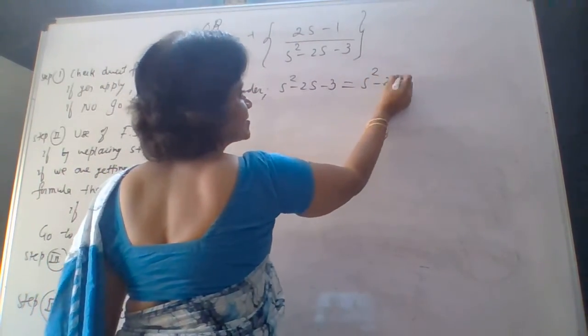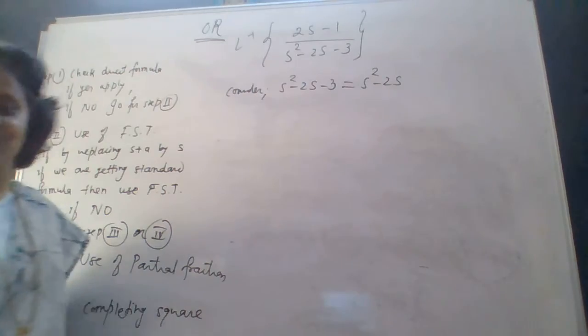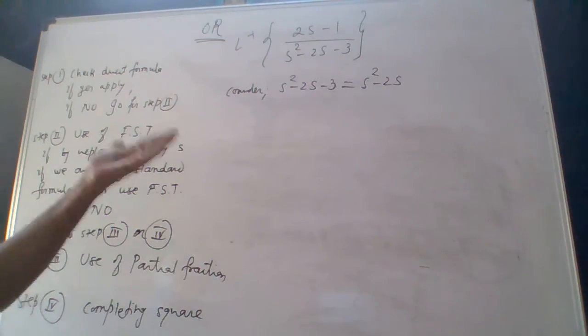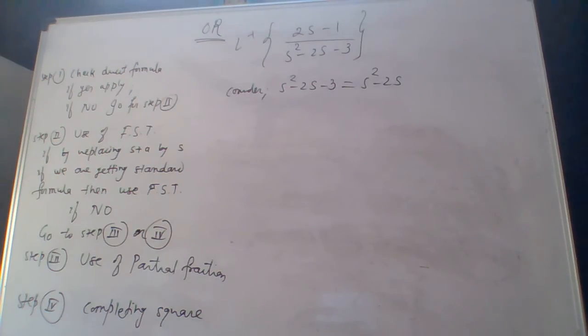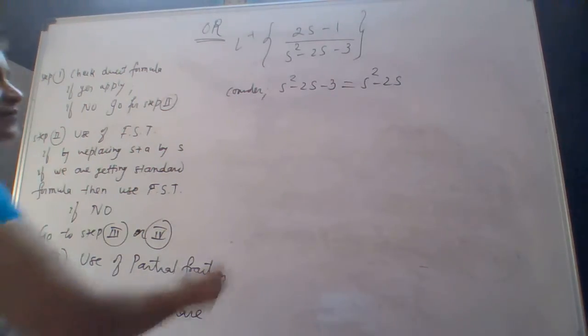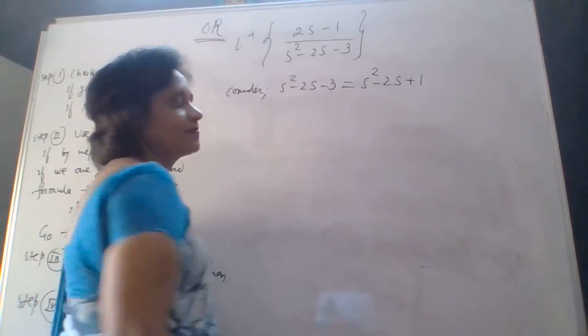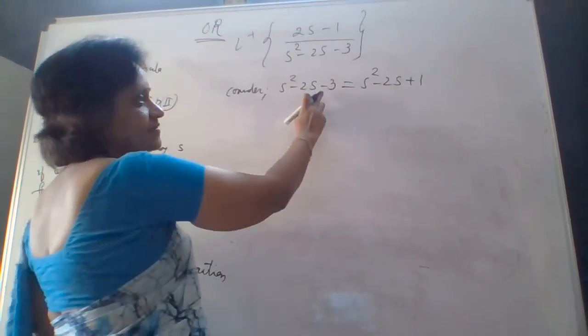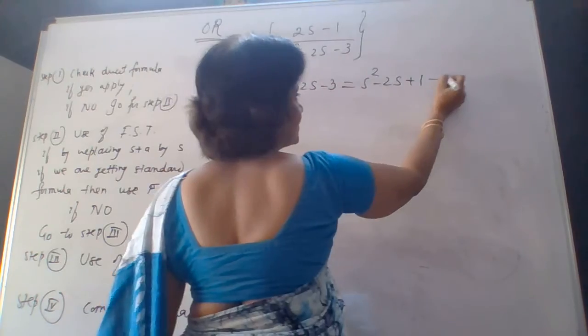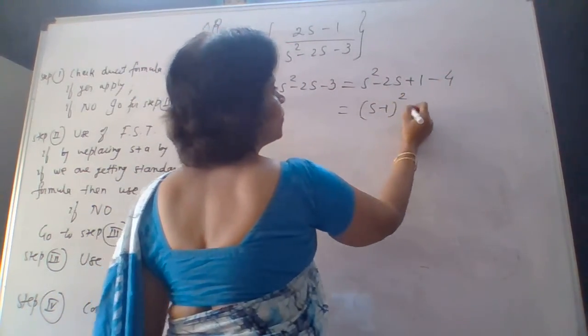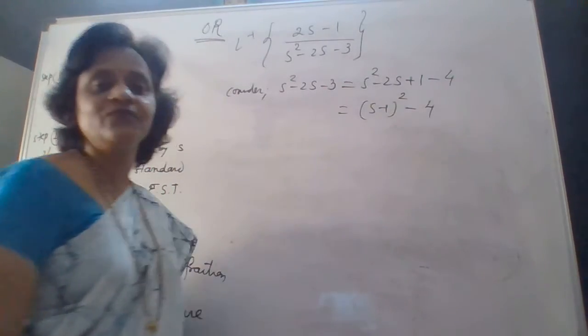These are all things you have done in your schools. Completing the square means writing in terms of (a plus b) whole square or (a minus b) whole square. So how do we do it? s square minus 2s plus 1. This is the complete square. Plus 1, I added 1, so I will subtract 1. I am getting minus 4, and this is (s minus 1) whole square minus 4.